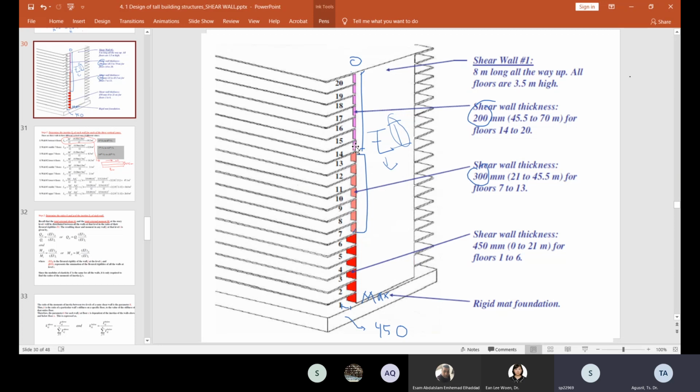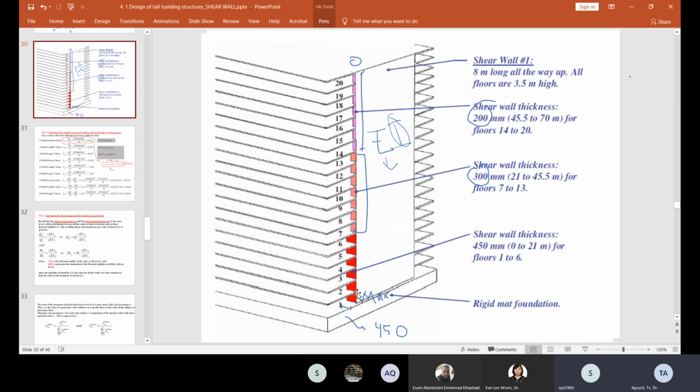And for level 14, the K below and K above will also be different. So how about if you want to know the moment and shear value at level 5? You can see here at level 5, above and below have the same wall thickness, so the K above and K below will be the same.